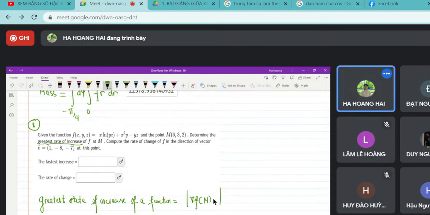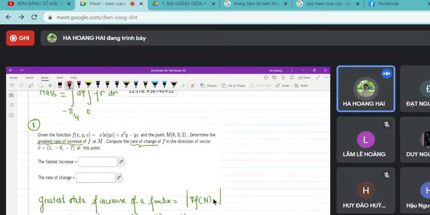Okay. And next, we need to compute the rate of change of f in the direction of v. We also recall that the derivative of f at M in the direction of u is equal to the dot product of the gradient of f at M with u0, where u0 is the unit vector.